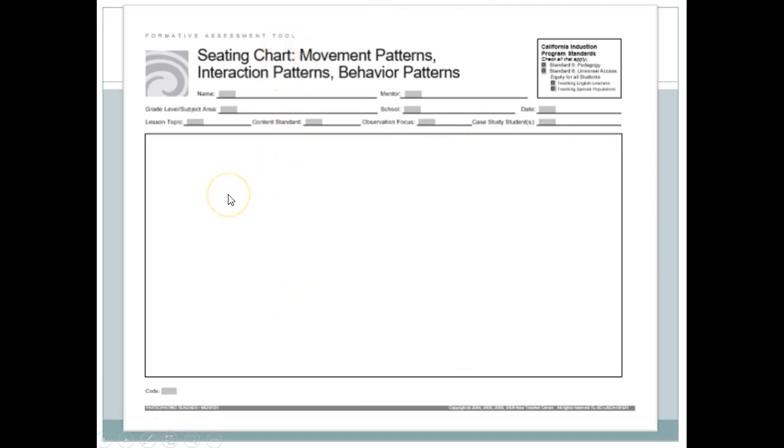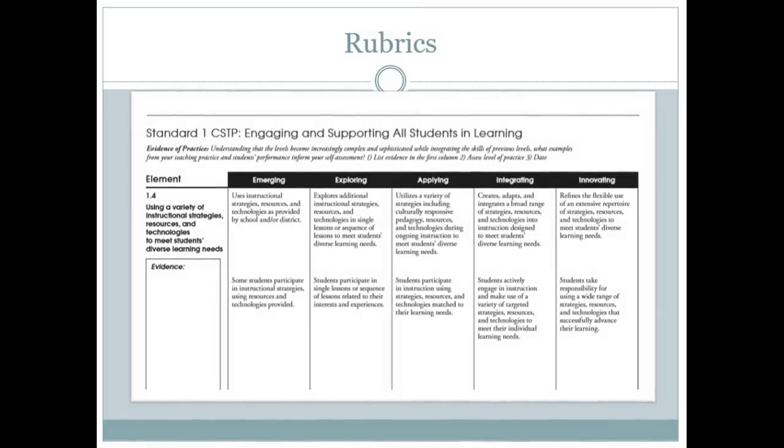So you can tally the kids the teacher is interacting with. You can show them, oh, you called on this kid 5 times, but you never called on this kid. Or you can do behavior patterns where you can tally kids who are off task based on the physical layout of the room. So this is an interesting tool to use for a variety of purposes.